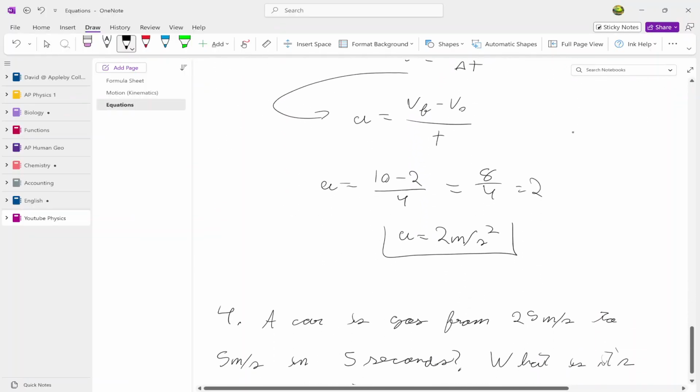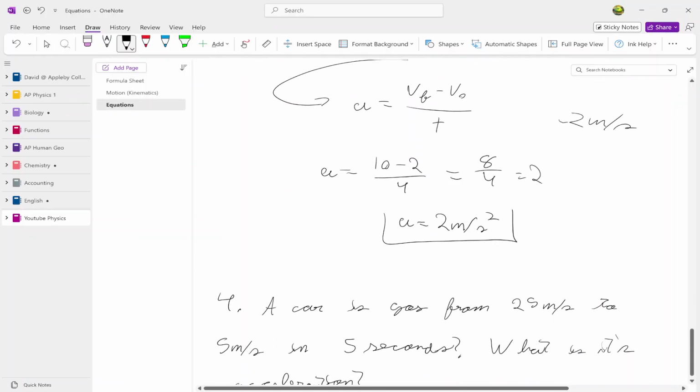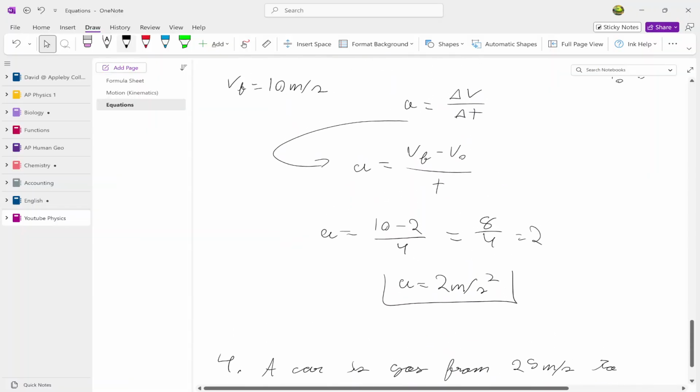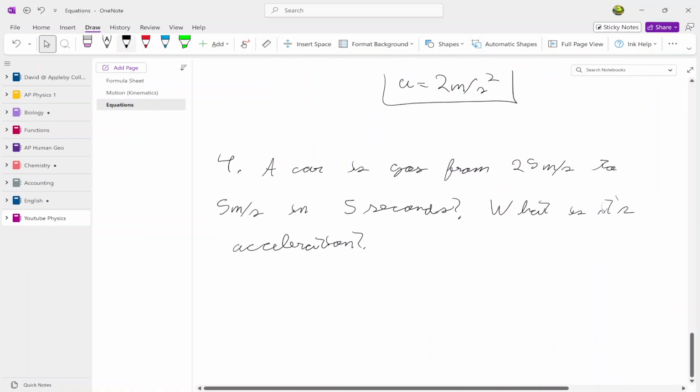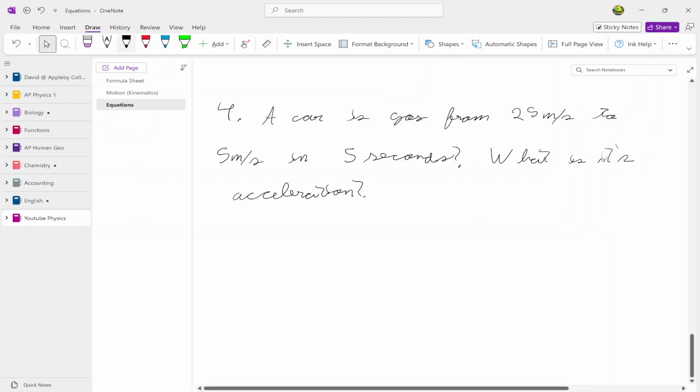Let's say I got a negative 2 meters per second squared, that means it would be slowing down. So if the question said it's slowing down, then I know it's correct. But if it says it's speeding up and acceleration is negative, then I know something went wrong. So that's why I switched the second question to say a car is going from one speed to another, and what's its acceleration.